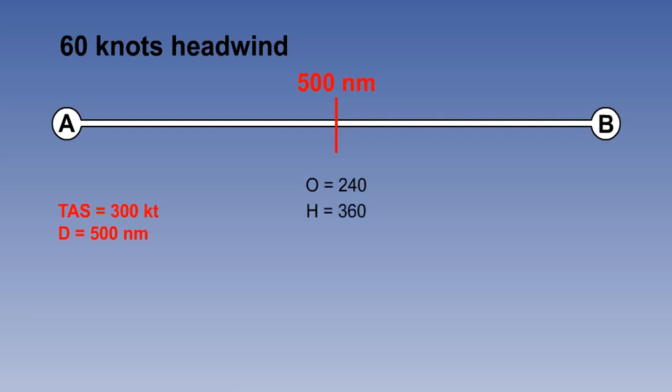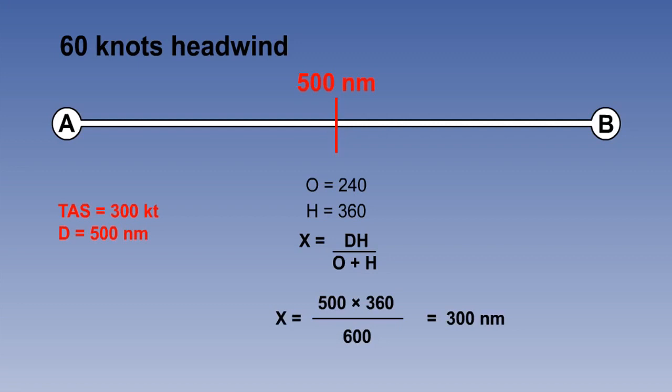And H, the homebound ground speed, was 360 knots. We substituted into the equation x equals d times h over O plus h, and calculated x to be 300 nautical miles. This gave us a distance of 300 nautical miles from the departure airfield to the point of equal time.